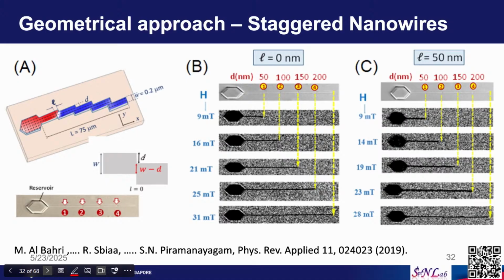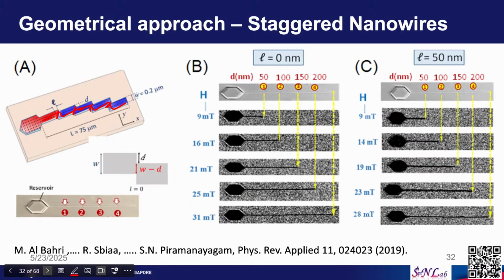Then my group has done a lot of work on how to pin domain walls. Another configuration is this kind of staggered nanowire. We have a step like structure, and in these step like structures, all these points will pin the domain walls.